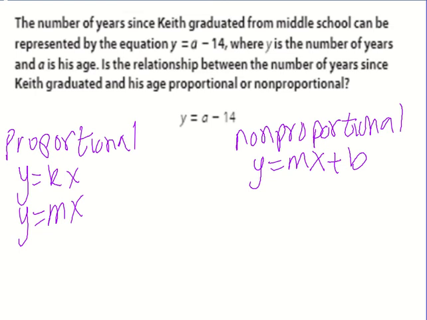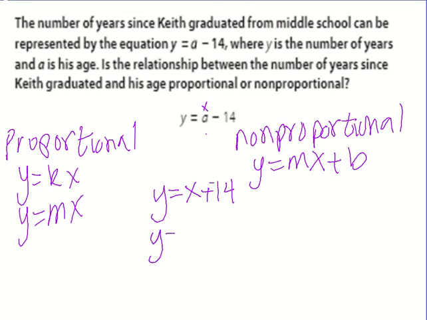So you can see the difference is that after our x, or after our variable, there will be something to make it non-proportional. So just pretend instead of a, it's x, right? So this is now y equals x minus 14. If we're worried about this minus, we can always change it to add the opposite.